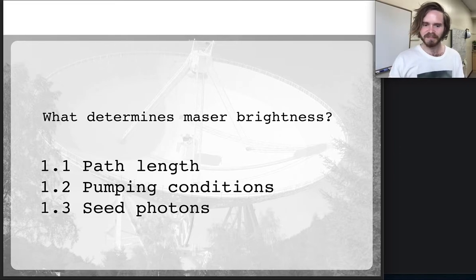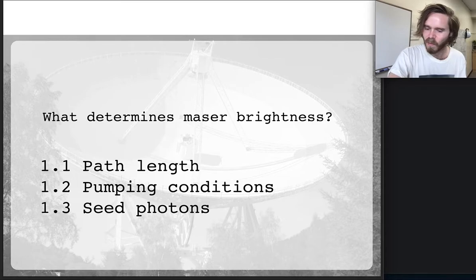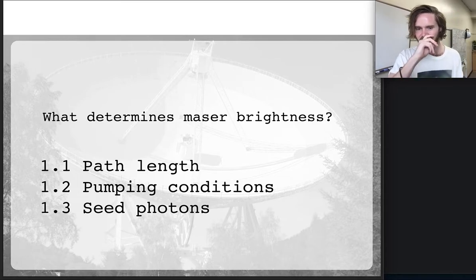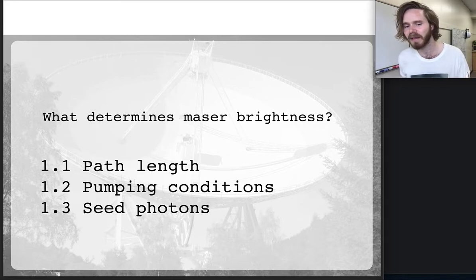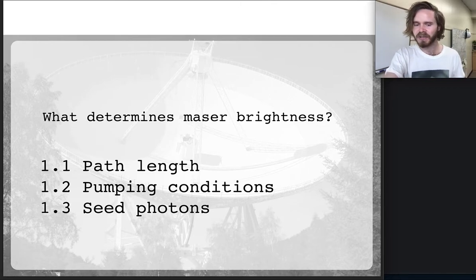Okay, so we've now talked about 3 different things that determine the brightness of an observed maser. This is the path length, how long it is along the line of sight of the observer, the pumping conditions, so collisional energy, number density, and the seed photons, how many photons are coming in.